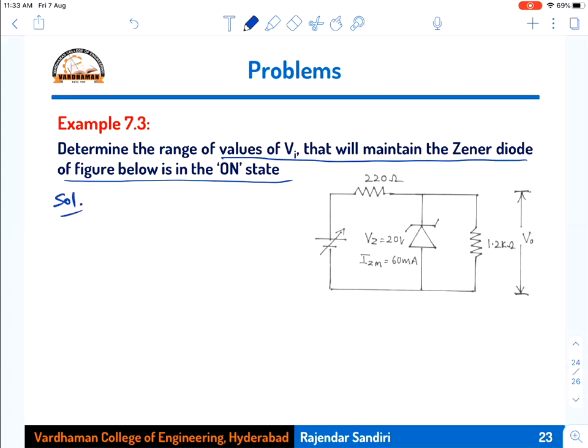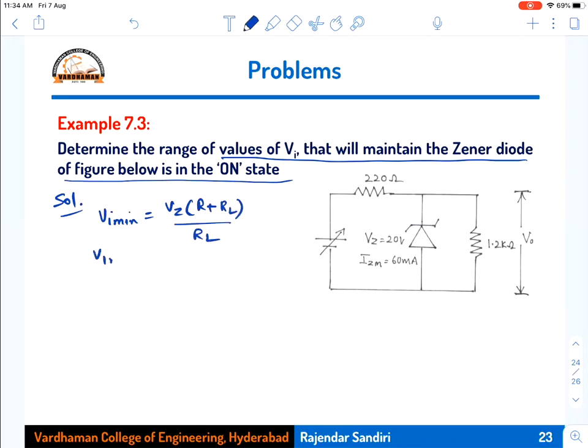So what will be the solution? What are the given data? Everything is given in the circuit diagram here. We have to calculate Vi minimum and Vi maximum. RL, R, Vz, Izm are given. Now what is Vi minimum that we are supposed to calculate? Vi minimum is equal to Vz into R plus RL divided by RL.